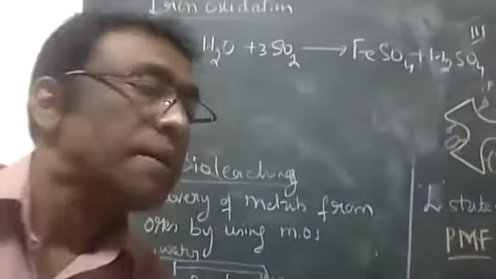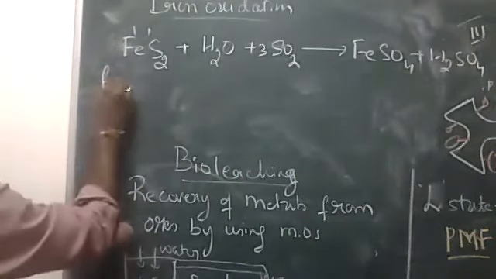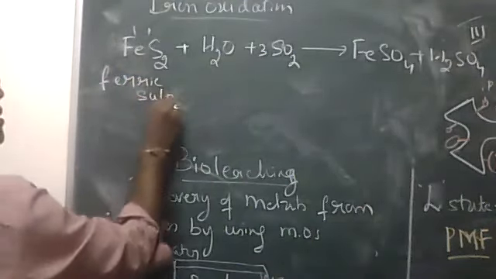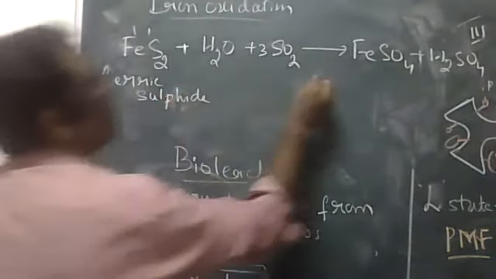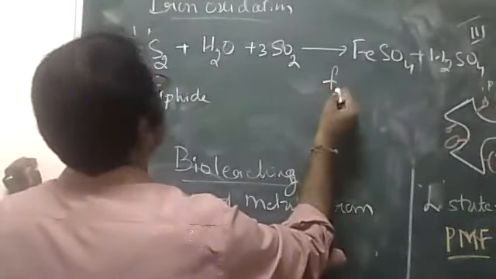See, we got acid here. Imagine copper is here. I'm giving the general reaction; you can show copper here if you want. So this is ferrous sulfide converting to ferric sulfate.